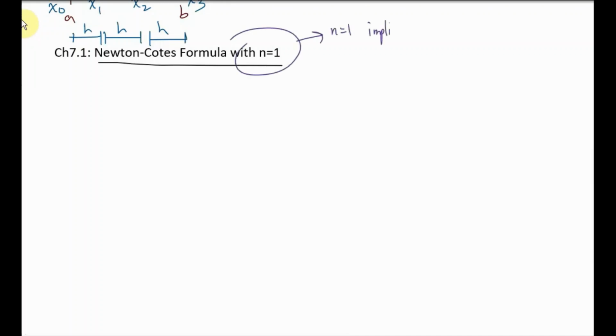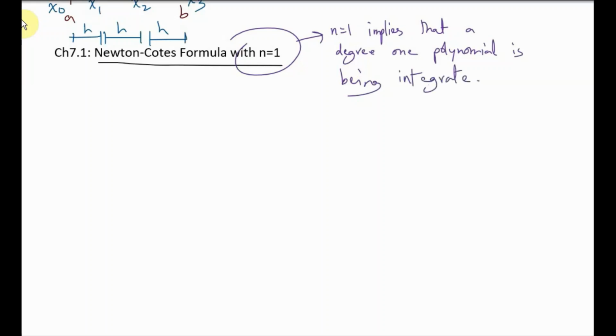So n equals 1 implies that a degree 1 polynomial is being integrated.